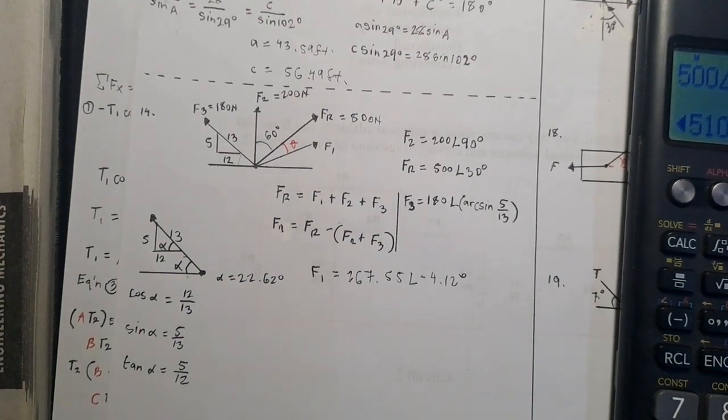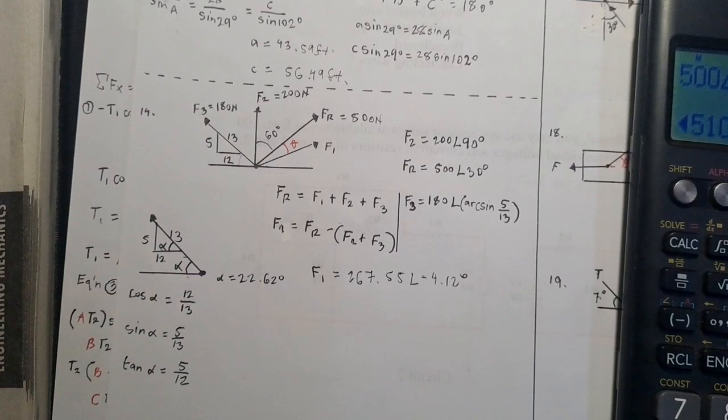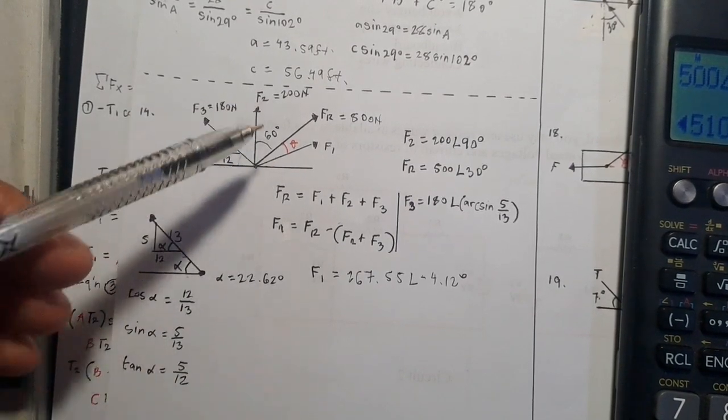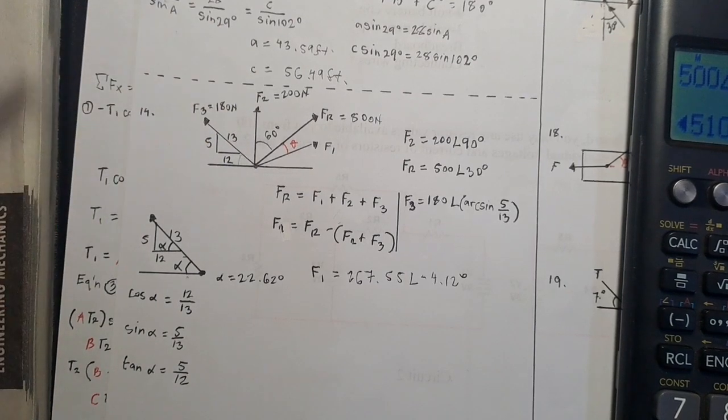The original problem gives data on how far FR is from F1. We know that FR is east of north, touching the y-axis, so it's simply 60.